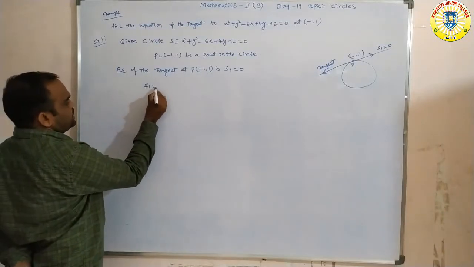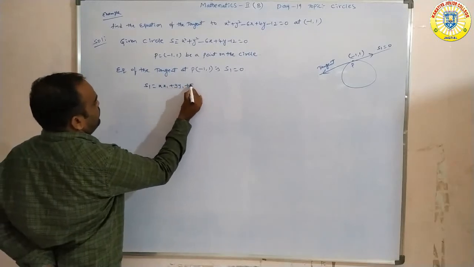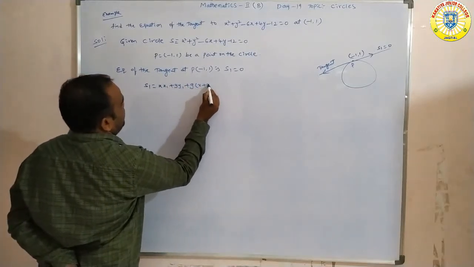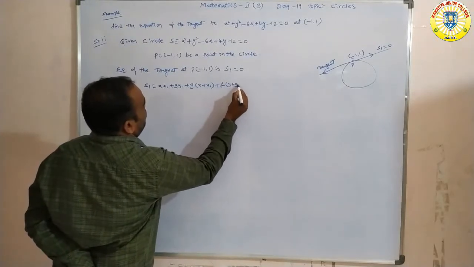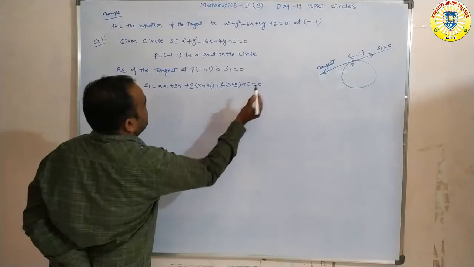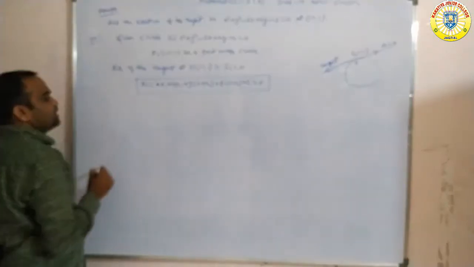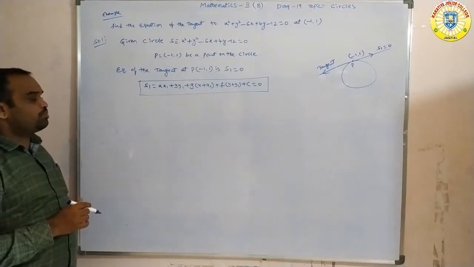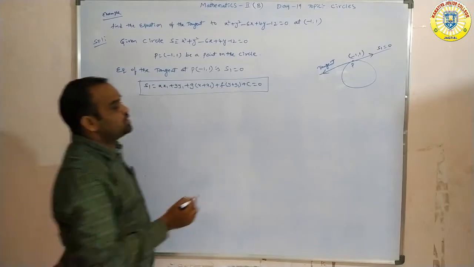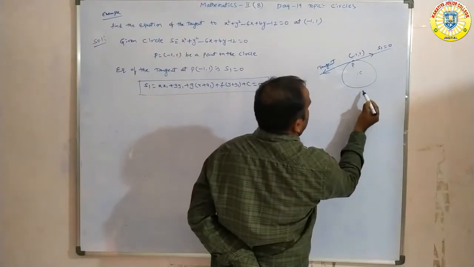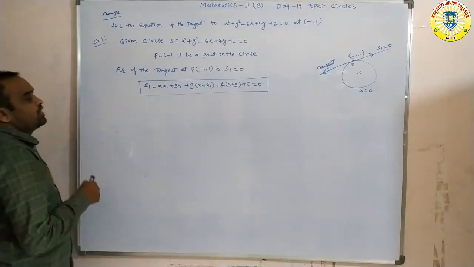We have the notation S1 is equal to xx1 plus yy1 plus g of x plus x1 plus f of y plus y1 plus c is equal to 0. This S is equal to 0 is the given circle equation.